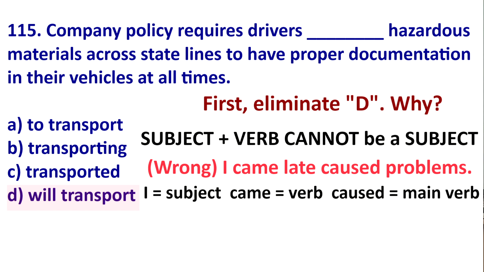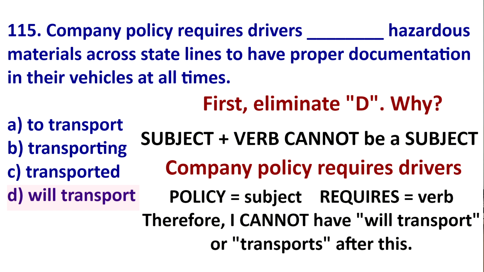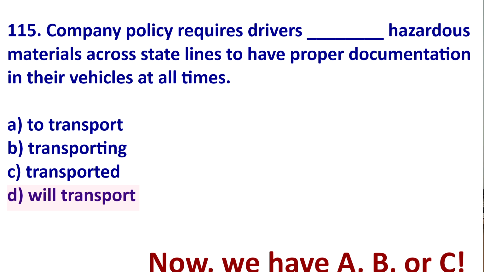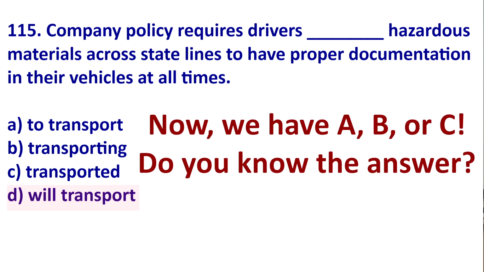This cannot be your subject. So when it says company policy requires drivers, policy requires, you have subject verb, so you will not then have will transport. You cannot use subject verb as your subject. Okay, so now we have A, B, or C.